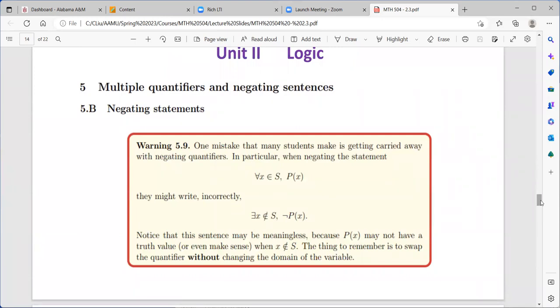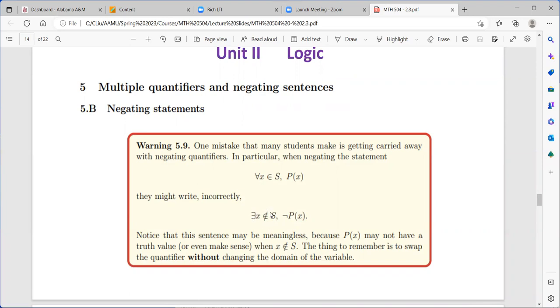Okay, one of the things that needs special care is when you try to negate a statement with quantifiers. It's easy to make a mistake, especially when you change the universal quantifier to existential quantifier and vice versa. You do not change the belonging to into not belonging to at the same time. You only swap the quantifiers.